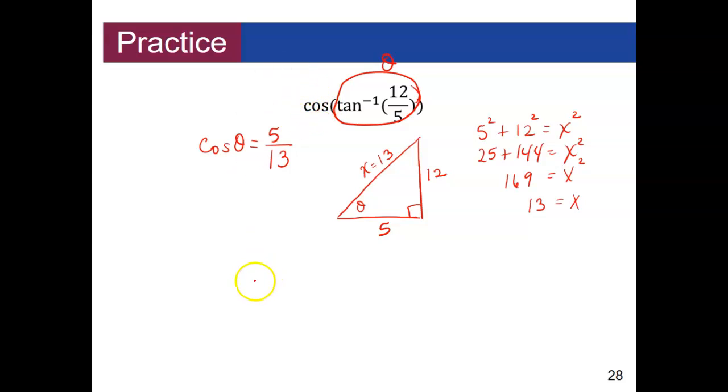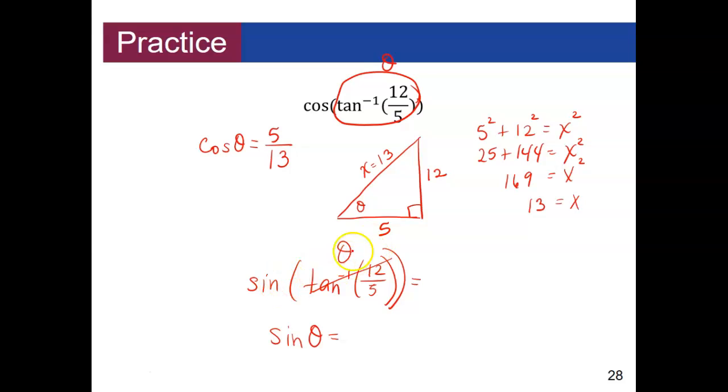I could have been asked to find the sine of inverse tangent of 12 over 5, and I would do that the same way. I would use the inside to build the triangle, and then for the sine of theta, if I replace all this with theta, then sine of theta would be opposite over hypotenuse, so it would be 12 over 13.